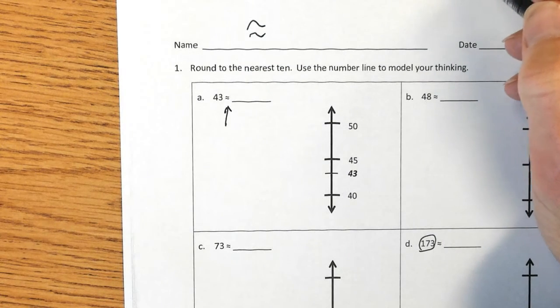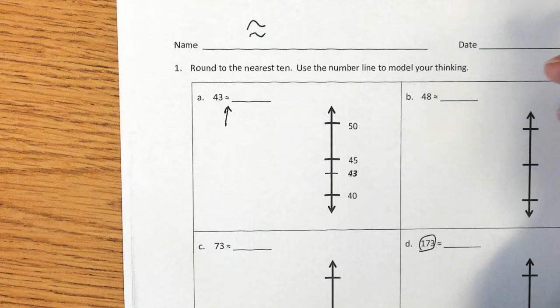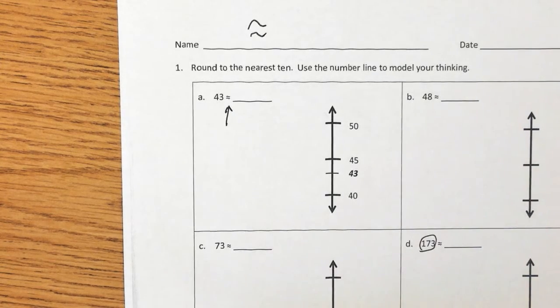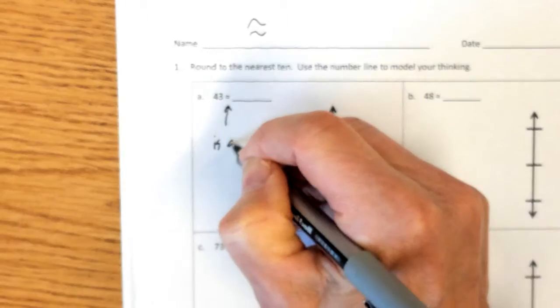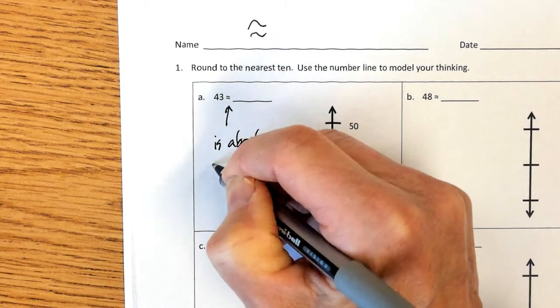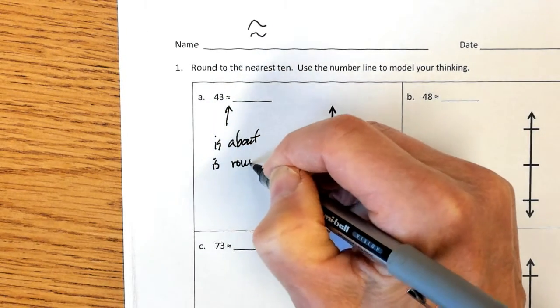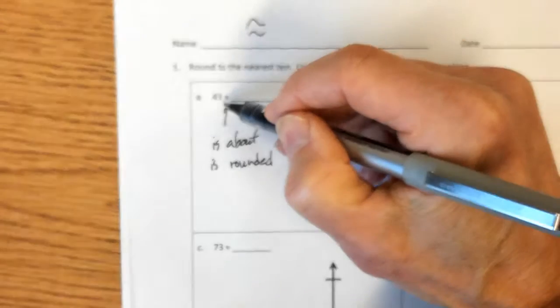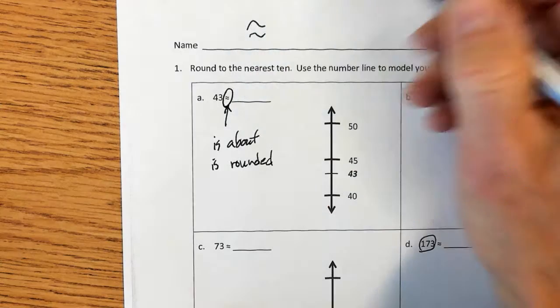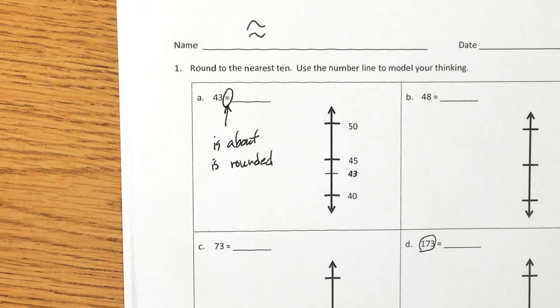And it means that it's rounded to the nearest whatever, right? So it's about. Another way to think of it is 43 is about, or we could think of it as rounded, right? But it's a real important distinction.